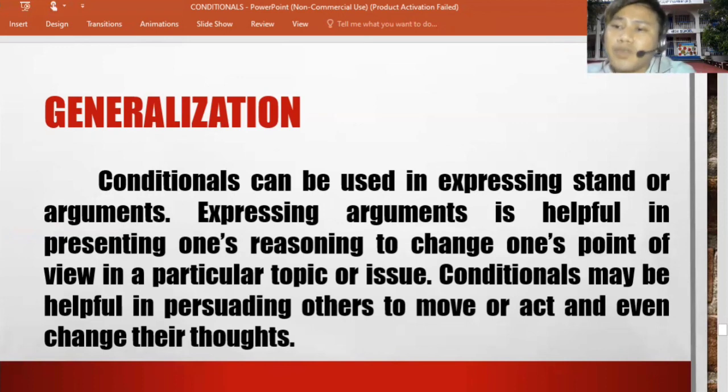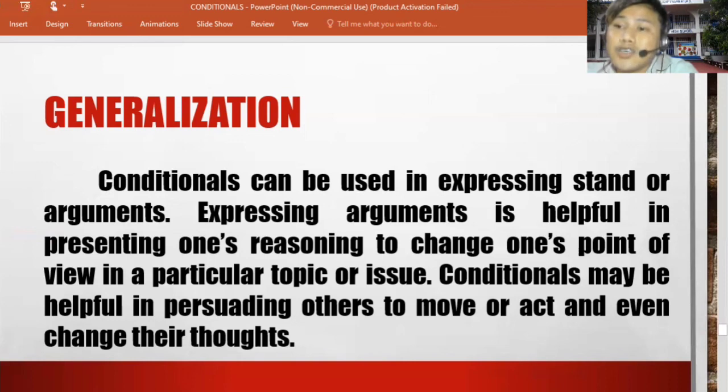Definitely, what would be your stand? How are you going to express your stand on it? Let's say, for example, if you smoke, you will die early. So you state the condition, if you smoke, then what will be the result?